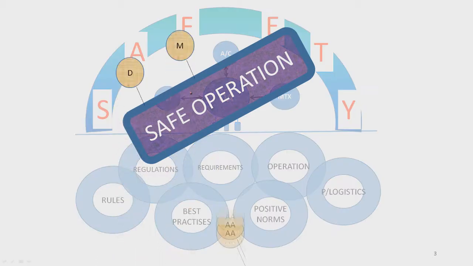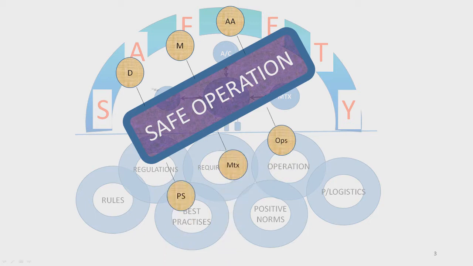Only safe operation can tell us how good our product design, manufacturing, aviation authorities, regulations, requirements, airline operations, maintenance, and even passenger services are. Safe operation is the place where all these items, structures, and subjects gather together. Now let's move to the next slide and start today's subject.